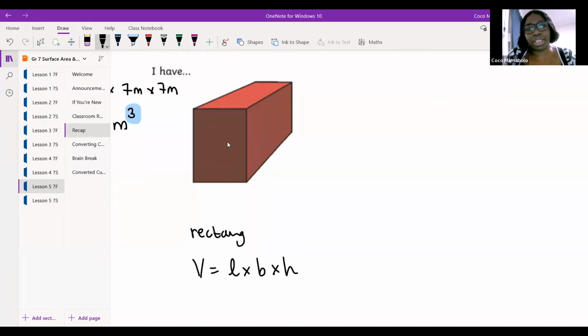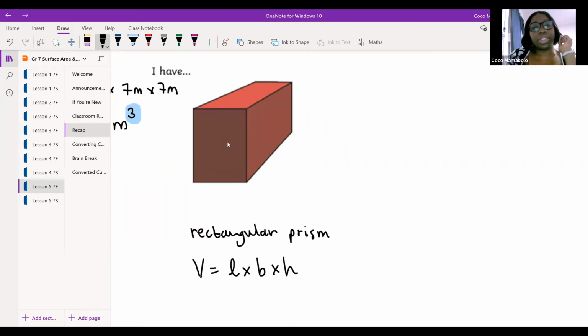Now, tell me in the chat, everyone, does a rectangular prism have the same length of sides on each side? Do we have the same length? No, we don't. So we can't calculate the same way that we did for a cube.